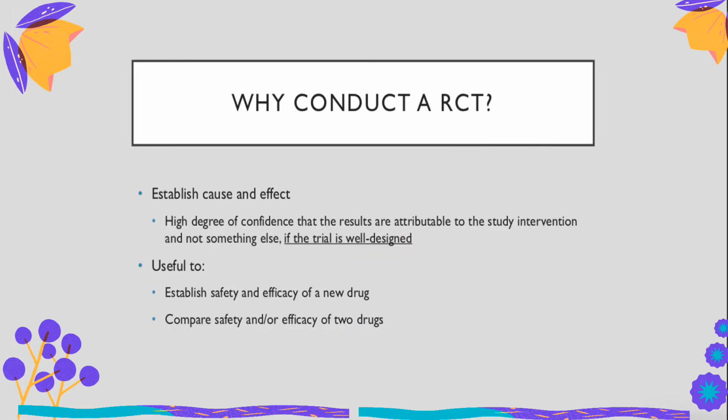Why conduct an RCT? RCT is performed to establish cause and effect. High degree of confidence that the results are attributable to the study intervention and not something else, if the trial is well designed. RCT is very useful to establish safety and efficacy of new drugs. It can compare safety and or efficacy of two existing drugs.